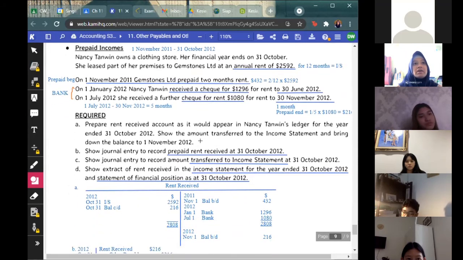Okay, let's see from this one. Since it is payment until 30 June 2012, which is 1 January 2012 until 30 June 2012, it is still inside of our current period. So you cannot give information about accrued or prepaid from here.